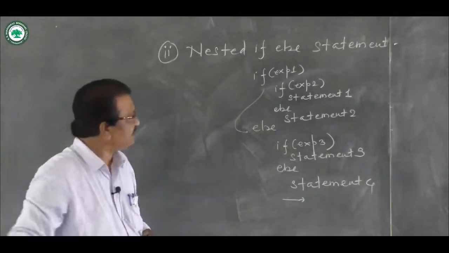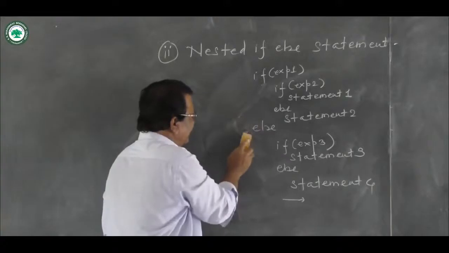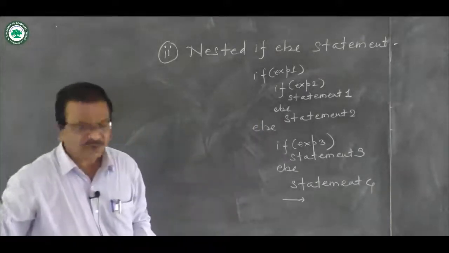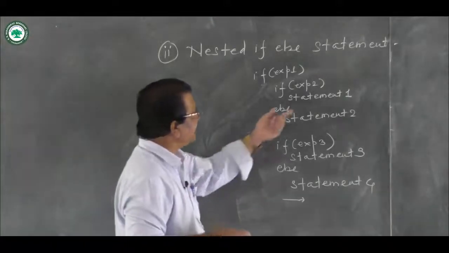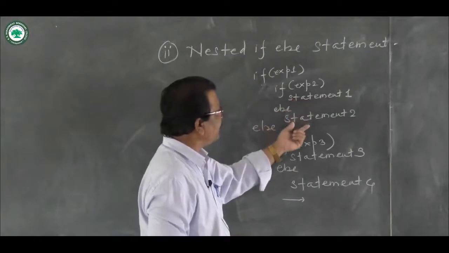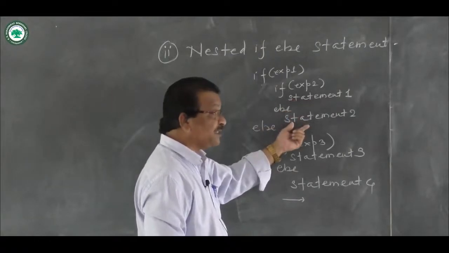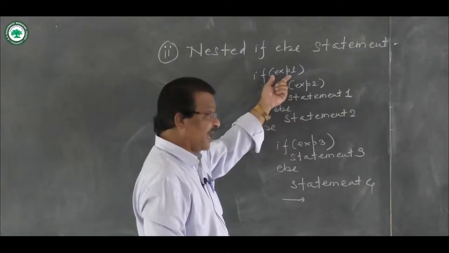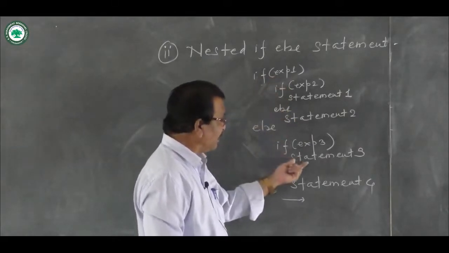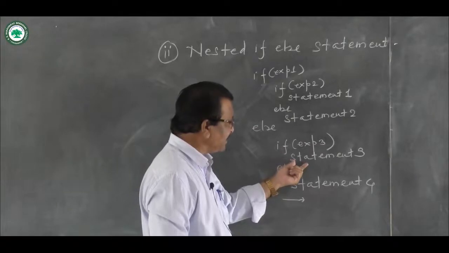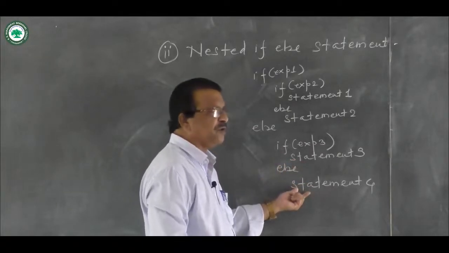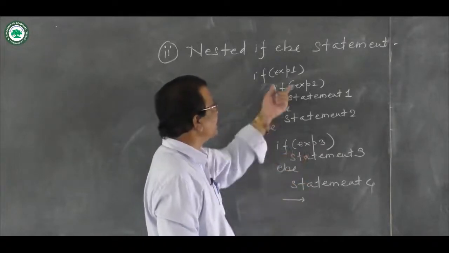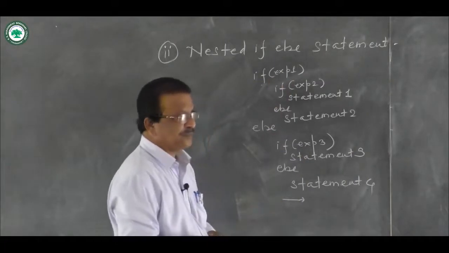In other words, while summarizing, I would like to say that neither statement 1 nor statement 2 will be executed unless expression 1 is true. Moreover, neither statement 3 nor statement 4 will be executed if expression 1 is true.